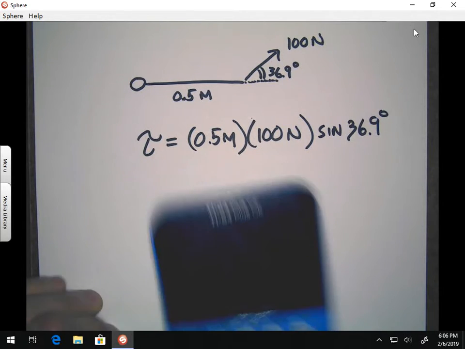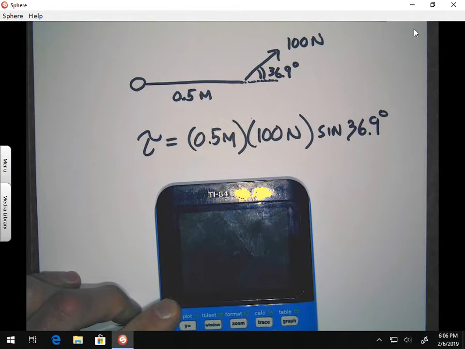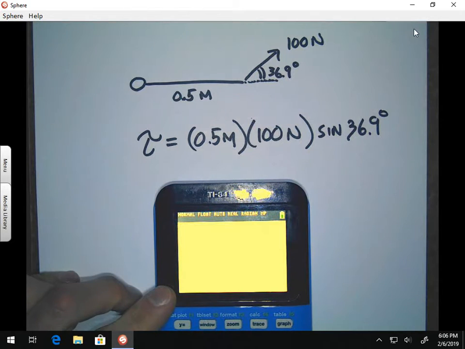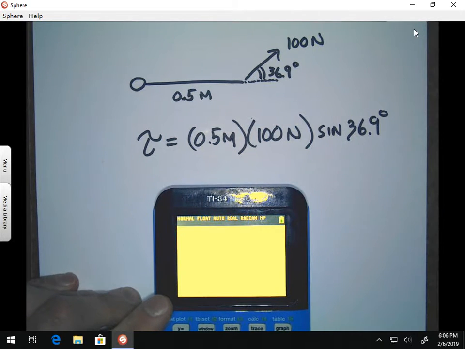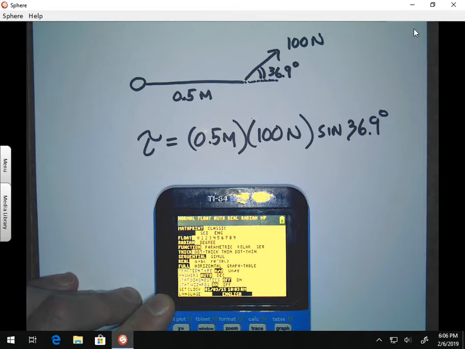Let me do the sine of 36.9. Oops, I think that's in radians. So you might want to check this. Make sure that you are in degrees mode. That would explain that.